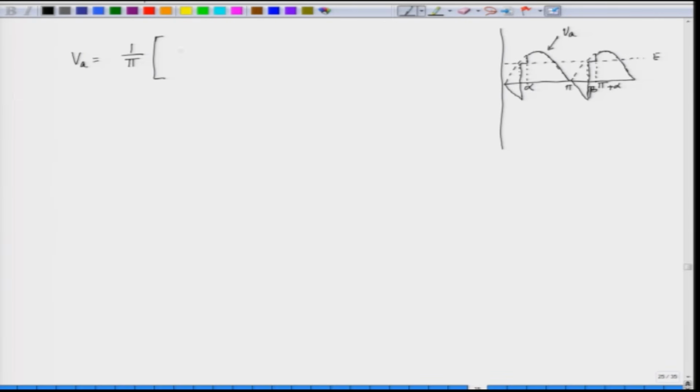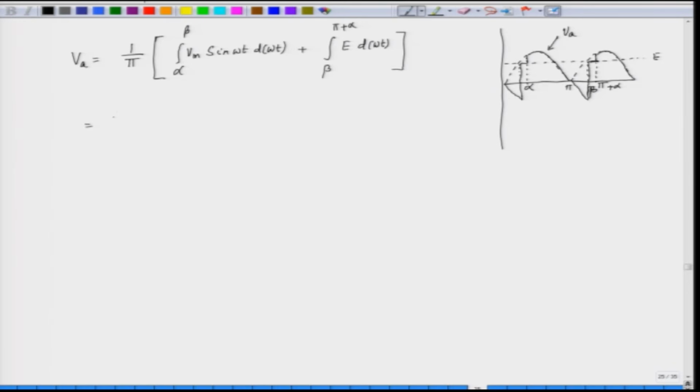So, we start with alpha to beta, where we have Vm sin omega t d omega t, plus from beta to pi plus alpha, the value of the voltage is the back EMF, that is E, and the integration is over d omega t.